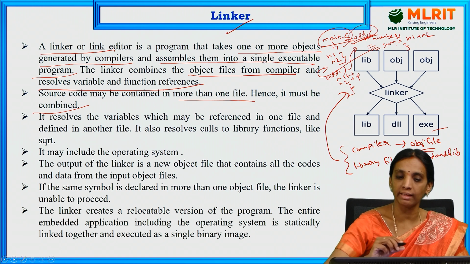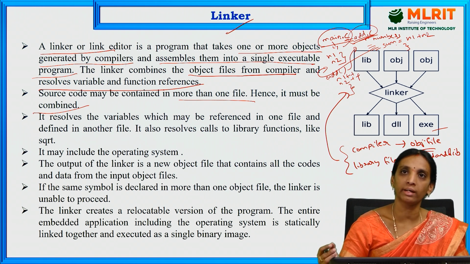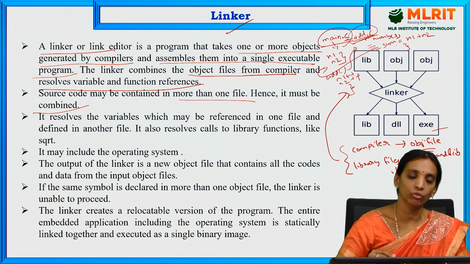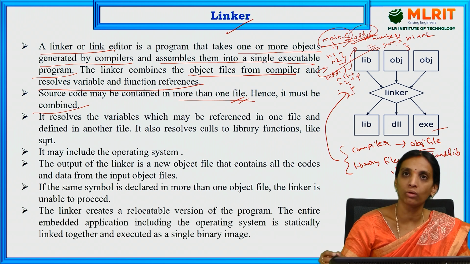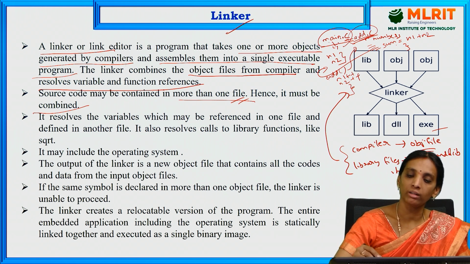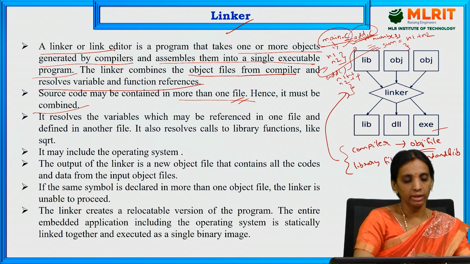In the linker, it will add all the object files created from the source programs. The source code may contain more than one file, so all the object files of all the files used in that application need to be combined.